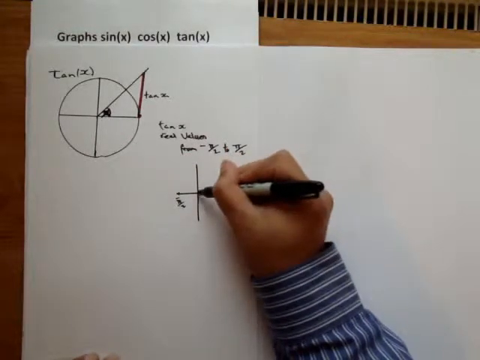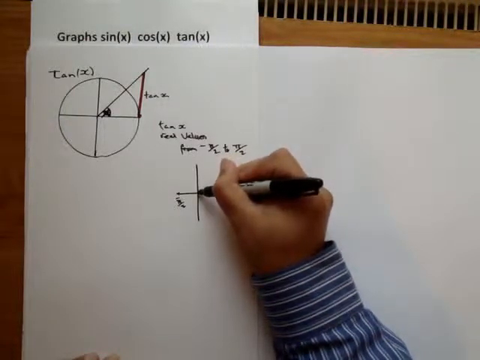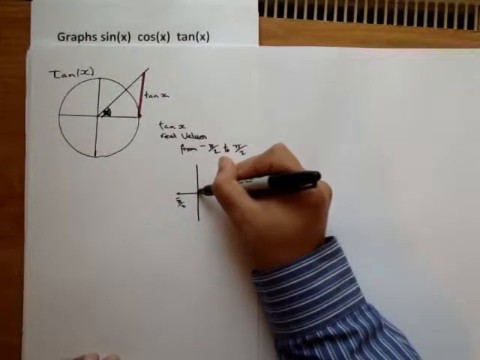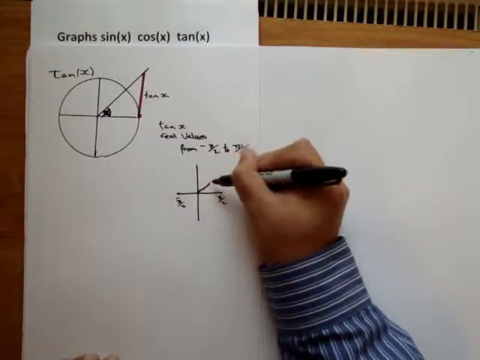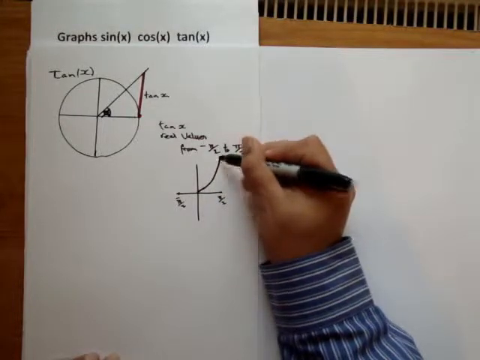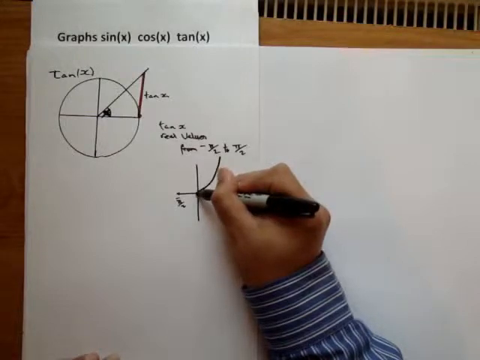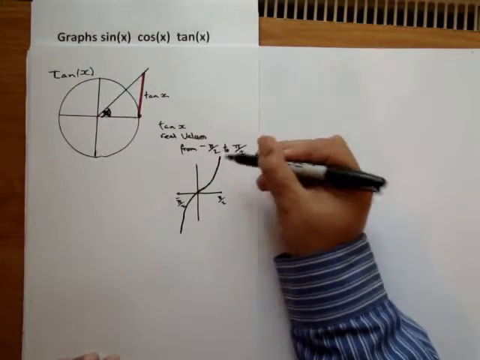Our tan starts here in quadrant 1 as 0 and goes up like this, and then in this quadrant it goes down like this.